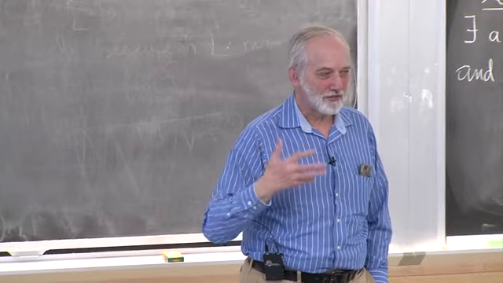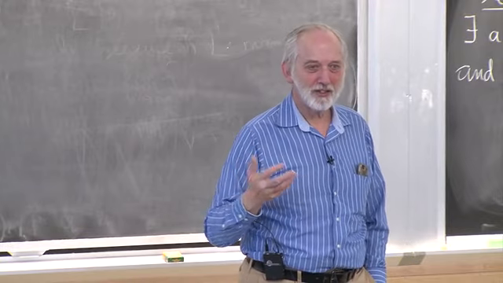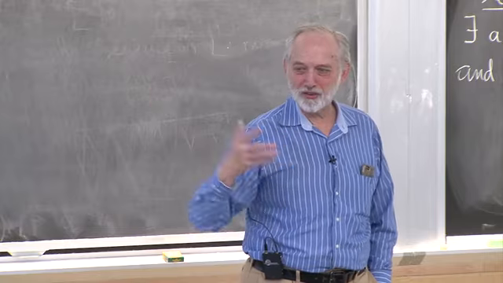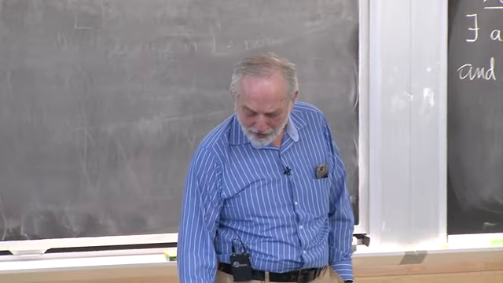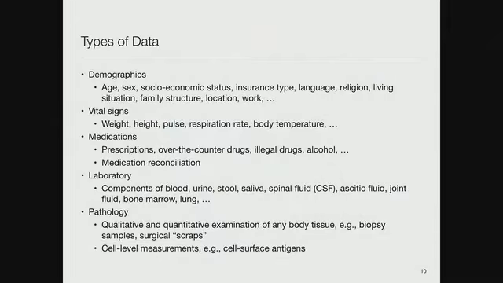Because there are all kinds of funny things about the way it's collected, about these artifactual things like 300-year-old patients and so on. Okay, so here's a catalog of the types of data that are available to us.